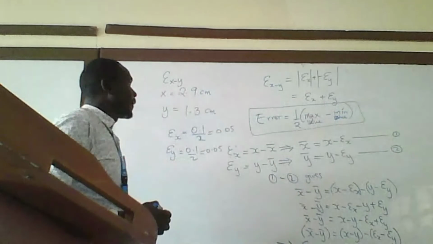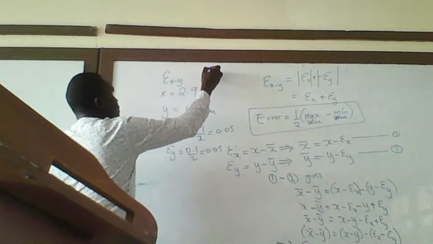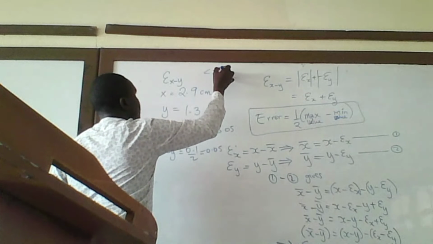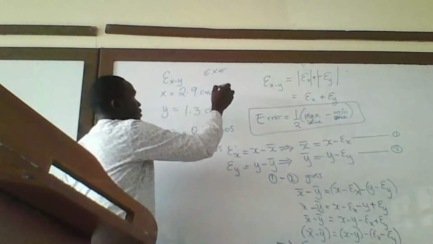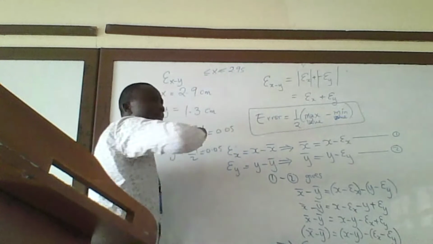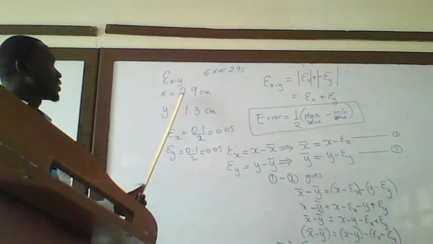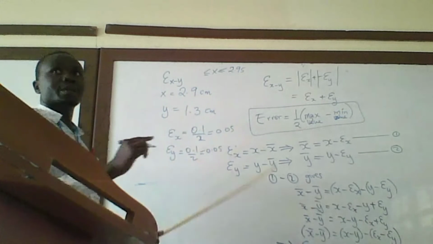So now x lies between, if the error is 0.05, the maximum is 2.95, then the minimum, subtracting from 2.9, is 2.85.